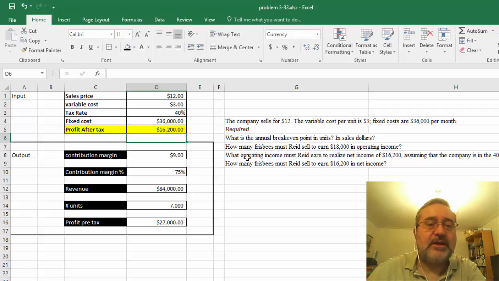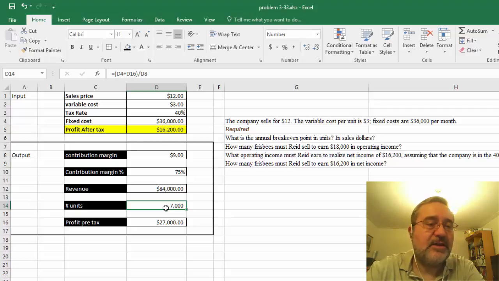In this case, again, contribution margin stays the same, contribution margin percentage stays the same, but we're going to need to sell 7,000 units, which is going to give us a pre-tax profit of $27,000 at a 40% tax rate, making our after-tax profit $16,200. And we're doing this based upon the 7,000 units that we're selling.